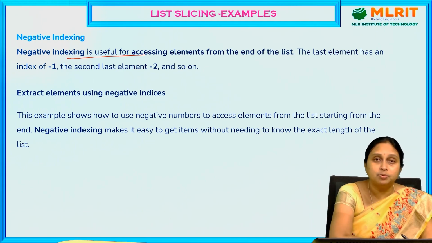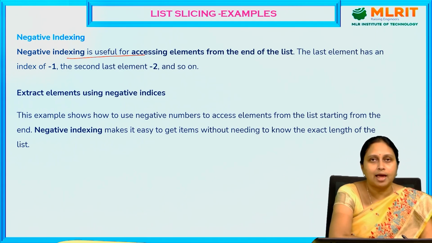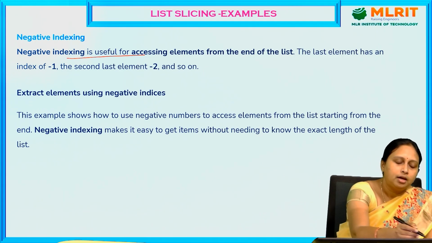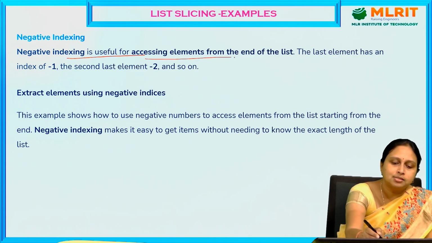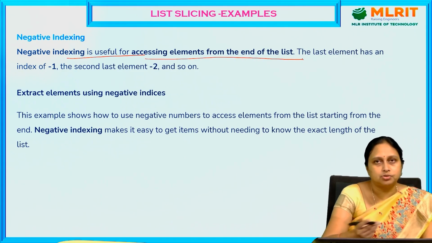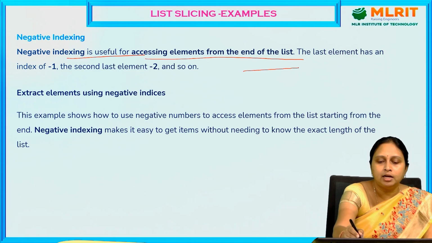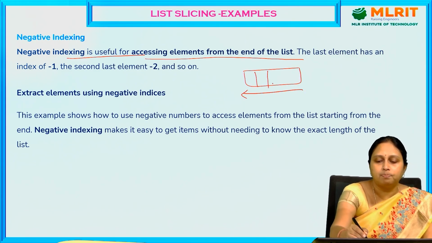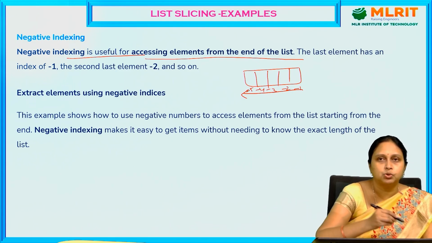Now, what is the purpose of negative indexing in accessing the elements? Let us see. Negative indexing is useful for accessing the elements from the end of the list. As I told you, if I want to access the elements from the end, then we represent them with negative indexing: -1, -2, -3, -4 and -5, like this, right?